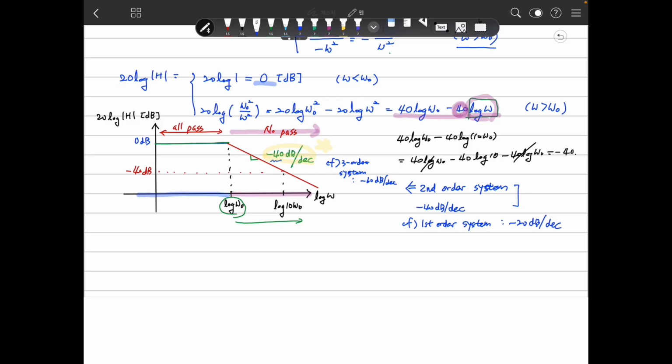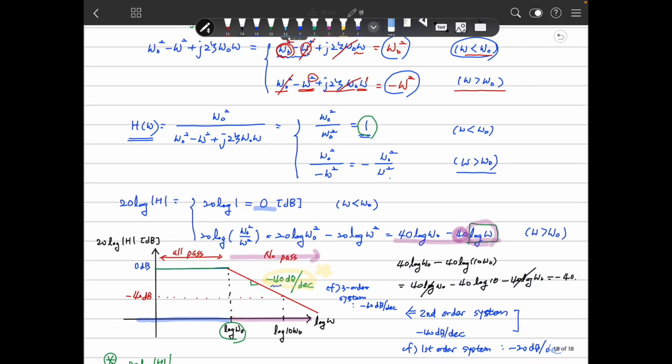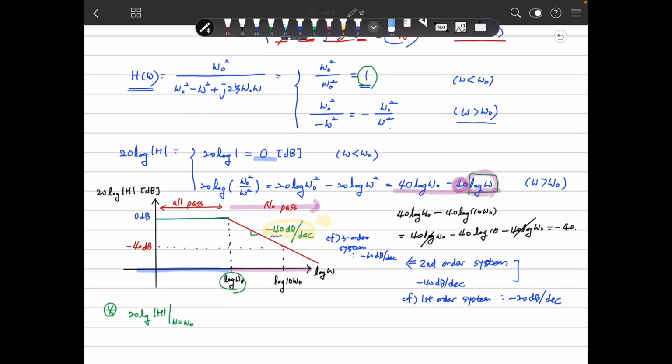With the asymptotic curve, actually, there is a very important thing here. 20 log h at omega equal to omega 0. In the asymptotic curve, that value was 0 dB here.